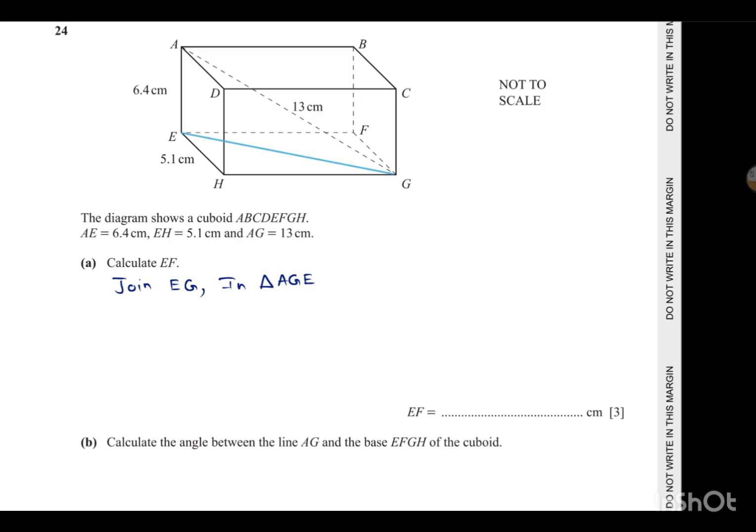Pythagoras theorem. We know the hypotenuse, we know one of the perpendicular sides. EG will be equal to square root of 13 square minus 6.4 square. You can keep this as it is without calculating. You can directly put it in the next one, because we are not yet at the final answer.